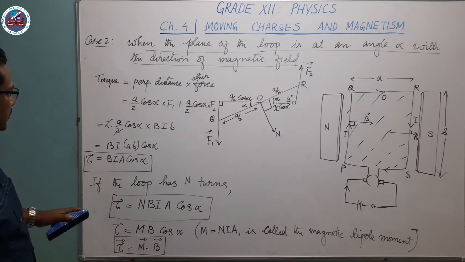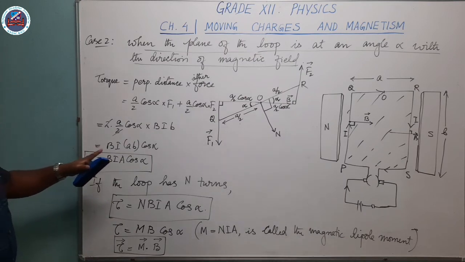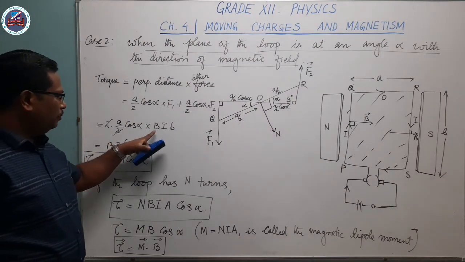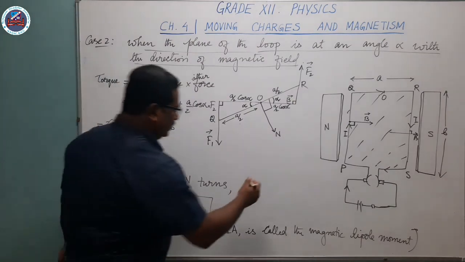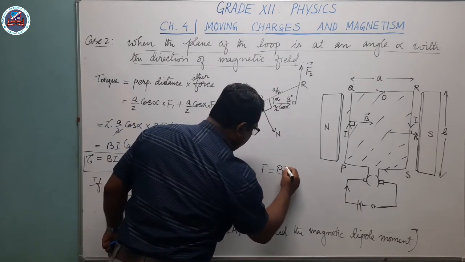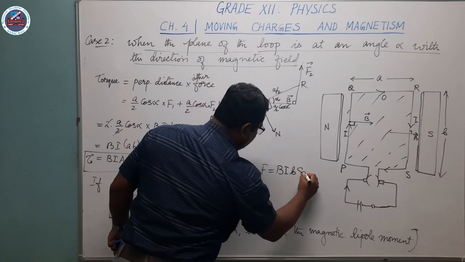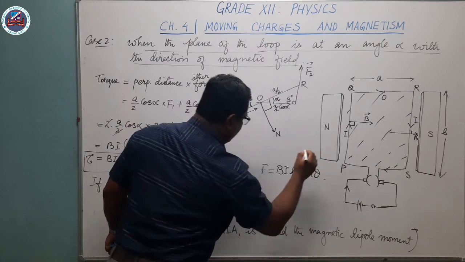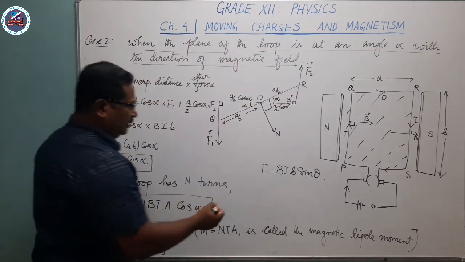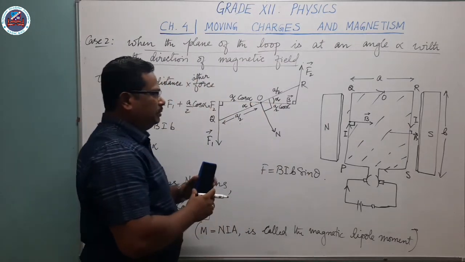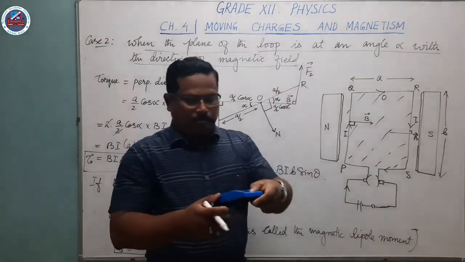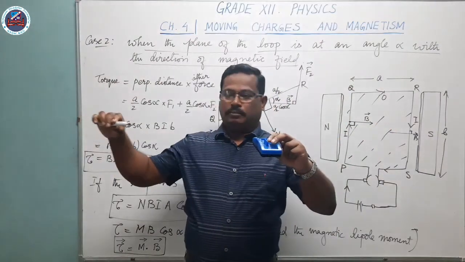In this case, sometimes you may think: while taking the force, the formula we got is BIB sin theta. This angle theta and this angle alpha are completely different. Theta is the angle between the field line and the arm. The field line passes from left to right like this.